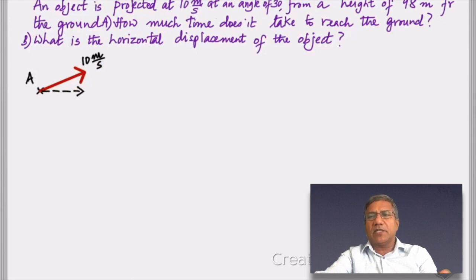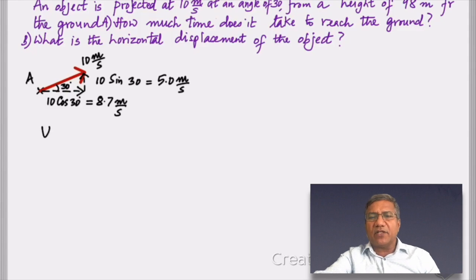So that's the velocity of 10 meters per second, but you've got to resolve it into the horizontal component, which will be 10 cosine 30 degrees, because that becomes the adjacent side of the right angle triangle, and then the vertical becomes 10 sine 30 because that will be the opposite side. So 10 sine 30 is 5 meters per second and 10 cosine 30 is 8.7 meters per second. So once again, that is from basic trigonometry.